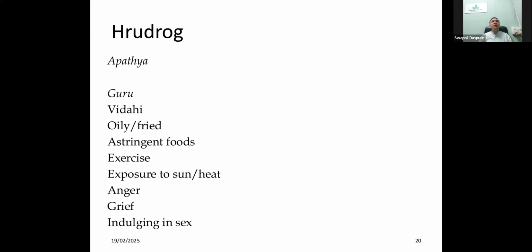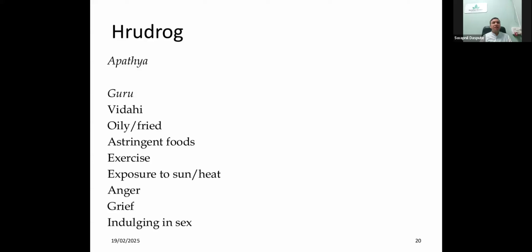Why they will become apathya is because if they are consumed, of course, in heavy quantities only, then it has a tendency to absorb liquids or fluid part, so it can cause malavashtamba or vishtamba in the stool. So malavashtamba can cause strain on the heart. Hence, astringent foods are better avoided.